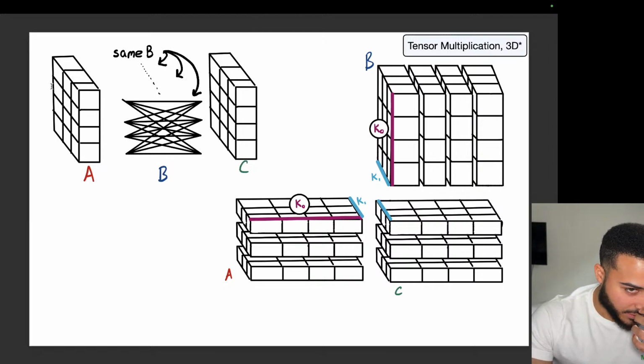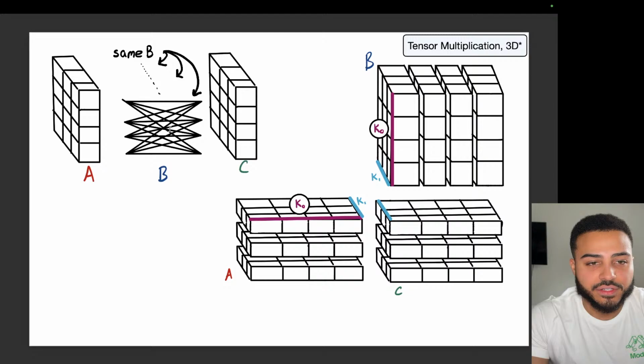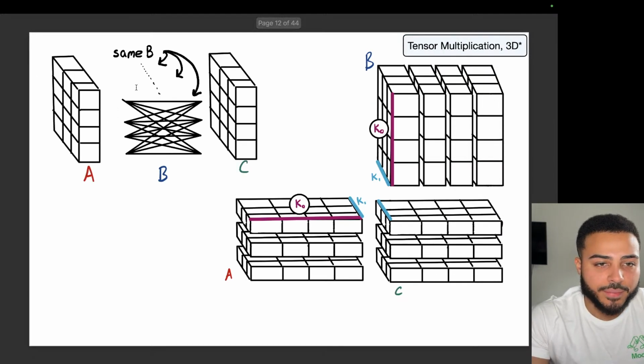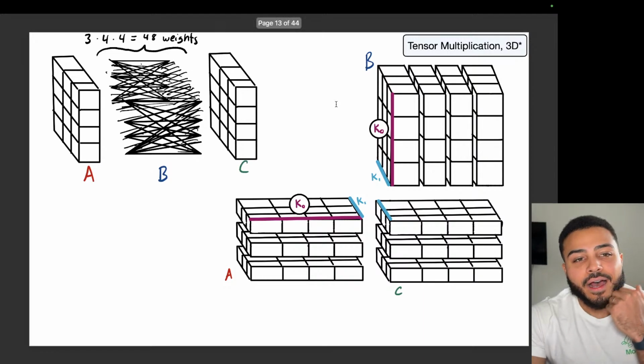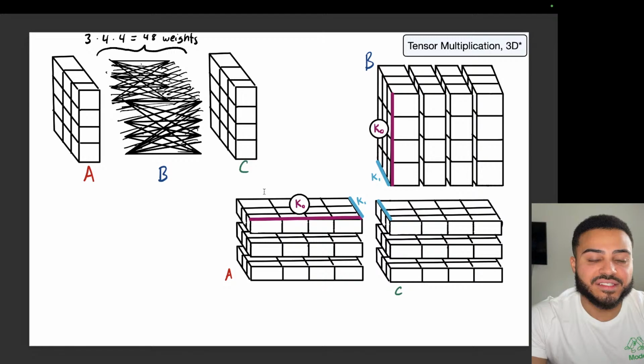And now when we look back at our neural network diagram, before in the batched case, it was the same B matrix weights, the same matrix, just copied through here. But now we can actually think of these as fully, no, they're not fully connected.